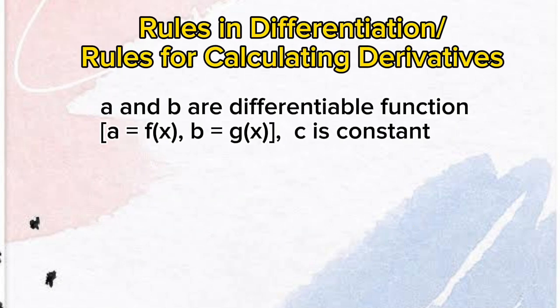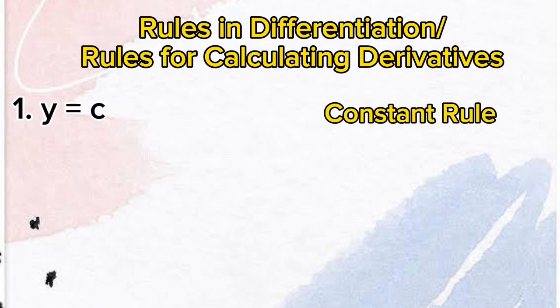Now let's move on to rules in differentiation and rules for calculating derivatives. We must remember that a and b are differentiable functions, a is equal to f of x and b is equal to g of x, and also c is a constant. Alright, first rule, we have the derivative of a constant, which is the constant rule.